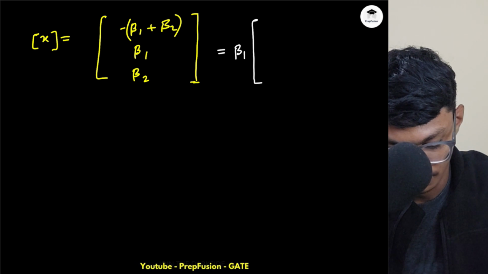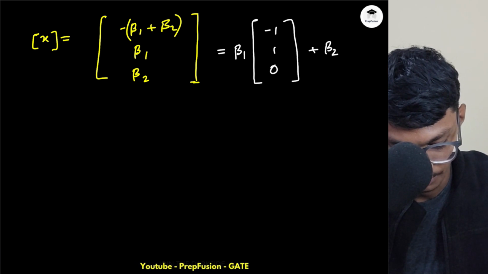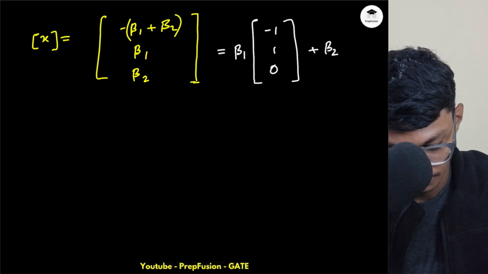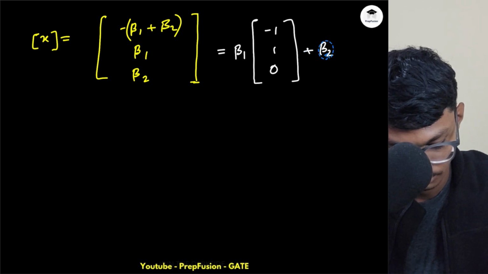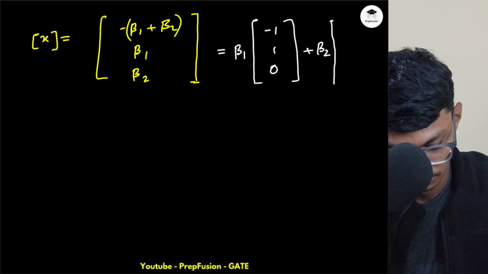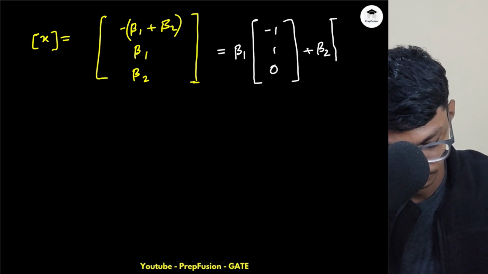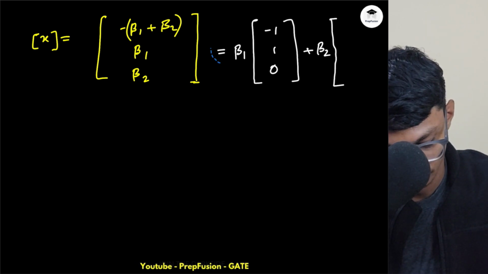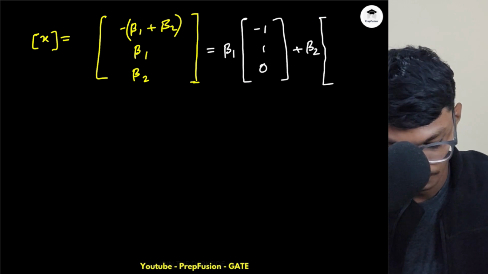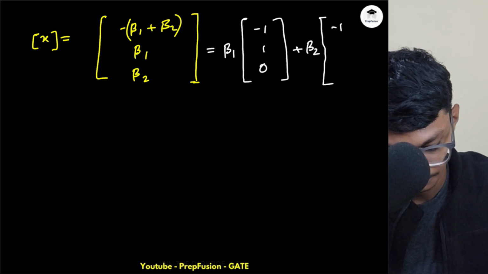So if I write this as beta 1 times (minus 1, 1, 0), plus beta 2 times (minus 1, 0, 1).